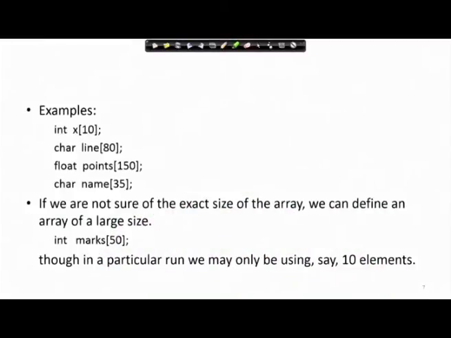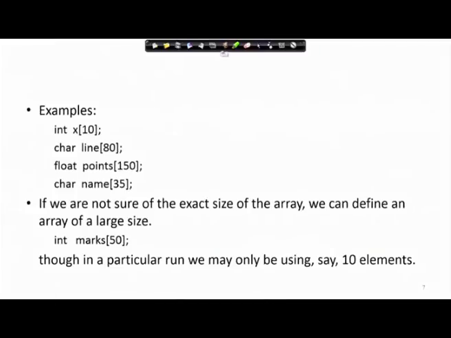So, when I say int marks 50, suppose in my class I have 10 students, and I am going to store the marks of only one subject. In that case, there is no point reserving so much space for the variable marks.